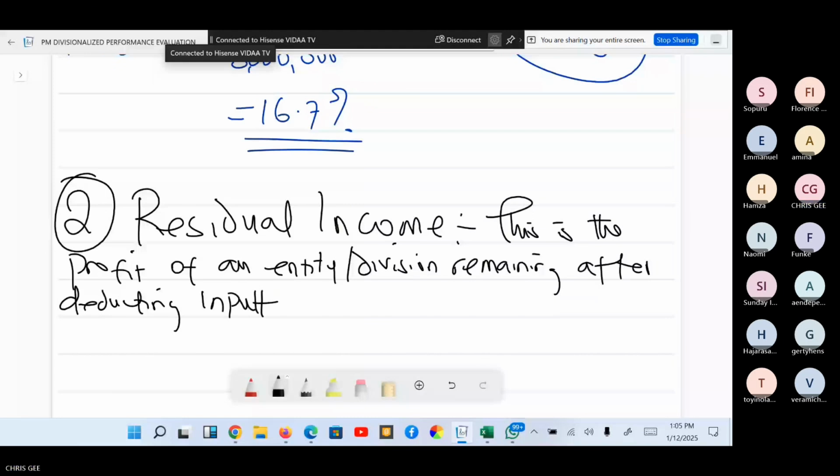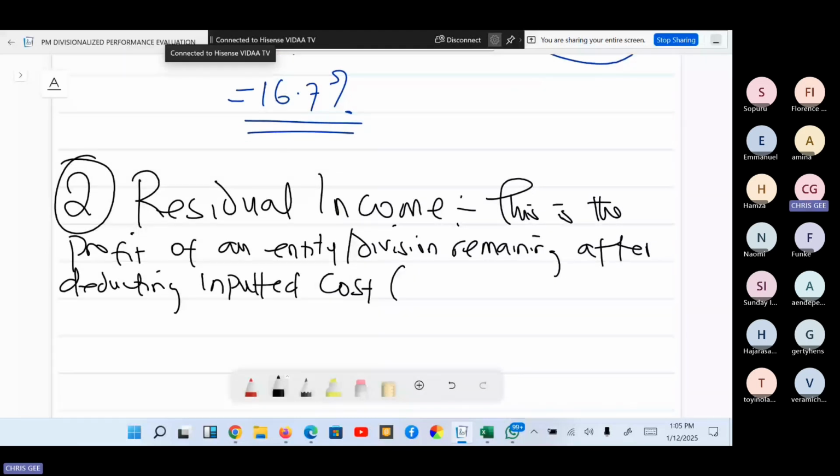And imputed cost is simply the cost of raising funds.